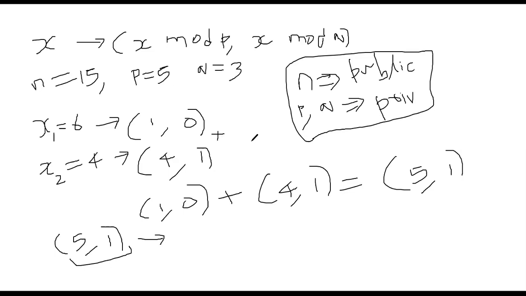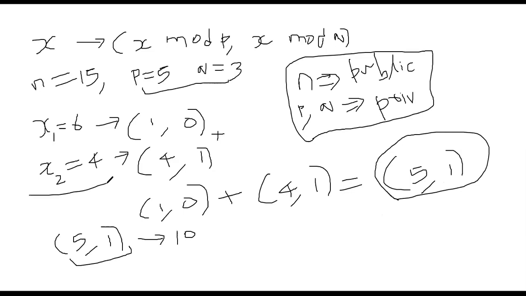The cloud computer sent back 5, 1 to the user's computer. The user knows the private keys P and Q, so he applies the Chinese remainder theorem on 5, 1 to get back the answer 10, which is exactly the answer the user would have got if he does x1 plus x2 on his local machine. So this is one homomorphic transformation.